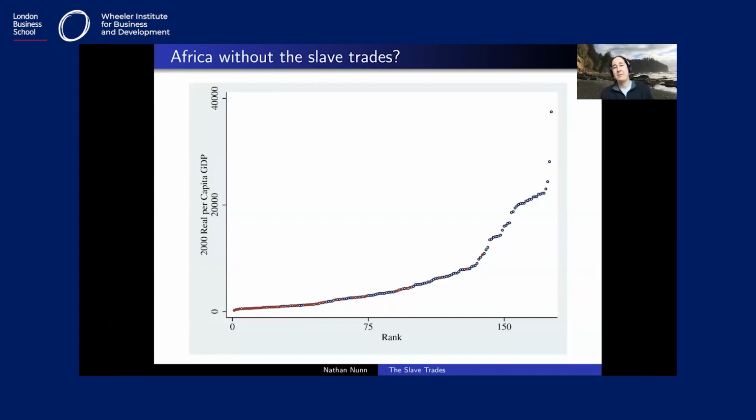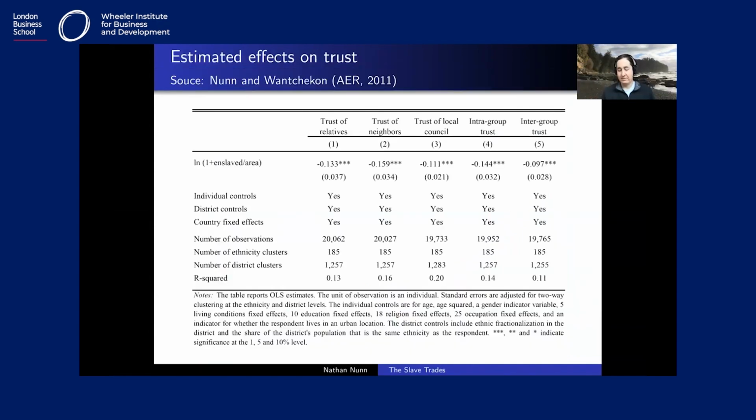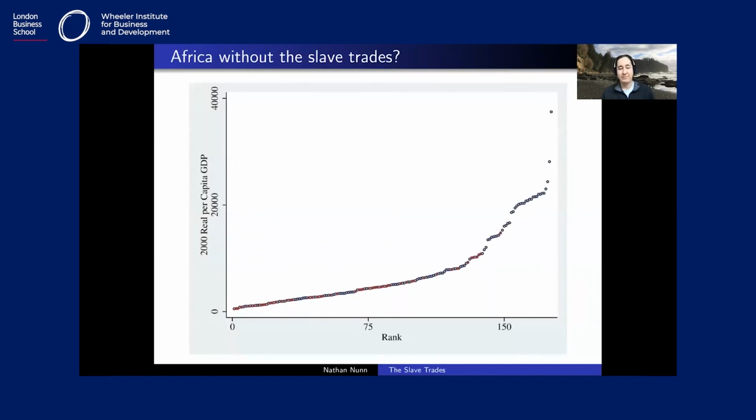In other words, what would have happened if there was no slave trade in that country? Once you do that, this is what you get. You can see that global income has gone up.